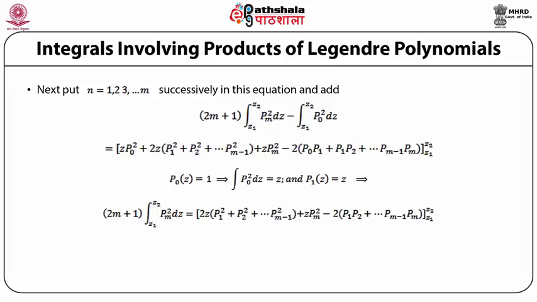Since P0 of z is equal to 1, this implies the integral over z for P0 square is equal to z, and P1 of z is equal to z.